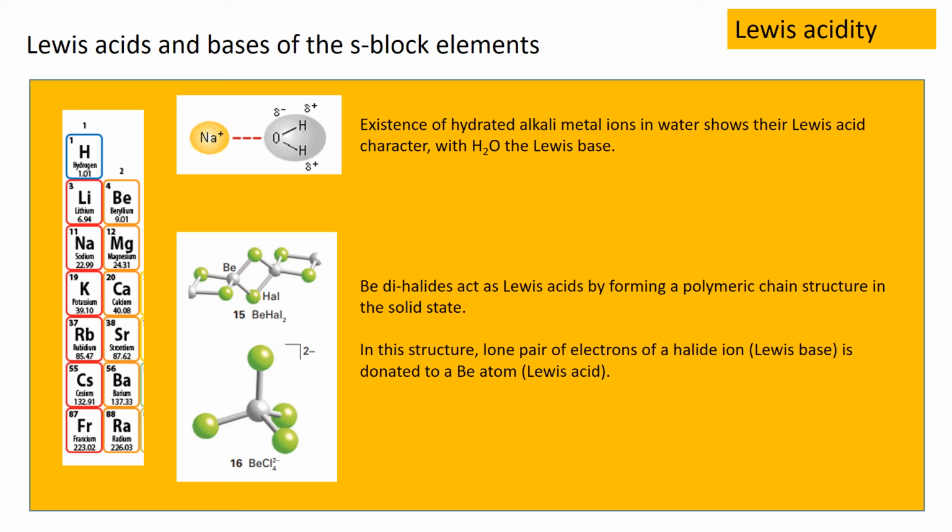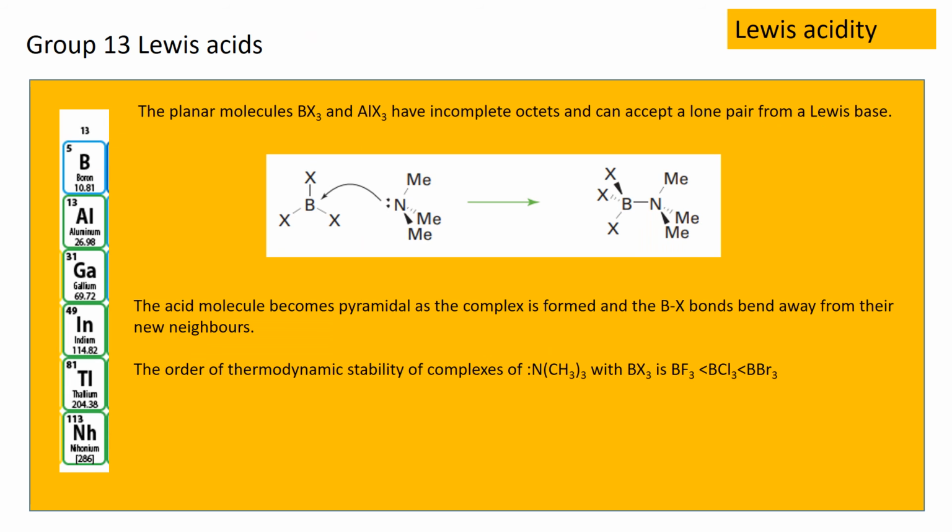Beryllium dihalides act as Lewis acids when they form these long polymeric chain structures. Group 13, so we skip the d block here and move over to the p block.